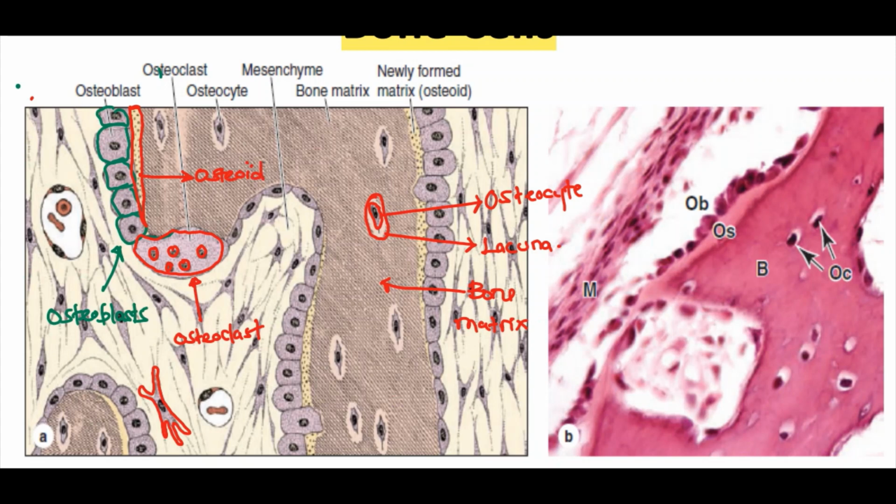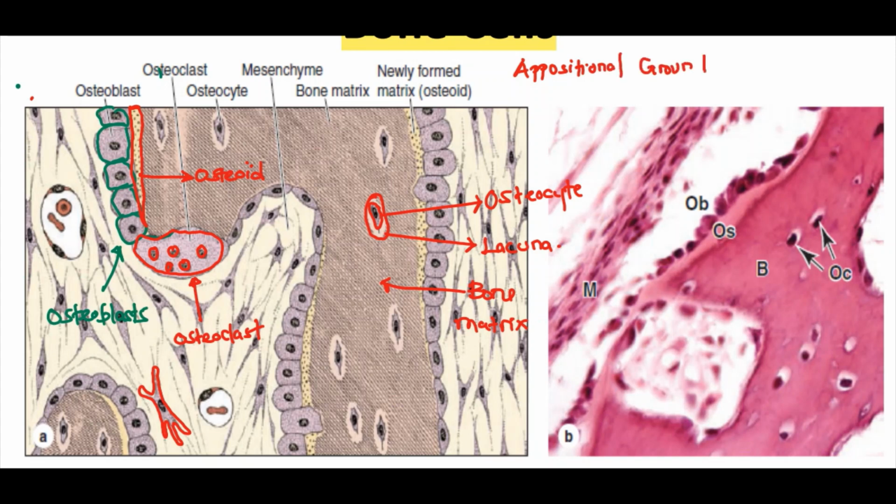Osteoid is deposited on the peripheral sides of the bone so that the bone can grow in width or in diameter. The growth of bones in diameter is what we call appositional growth. All right, I hope I got the spelling down. Appositional growth.